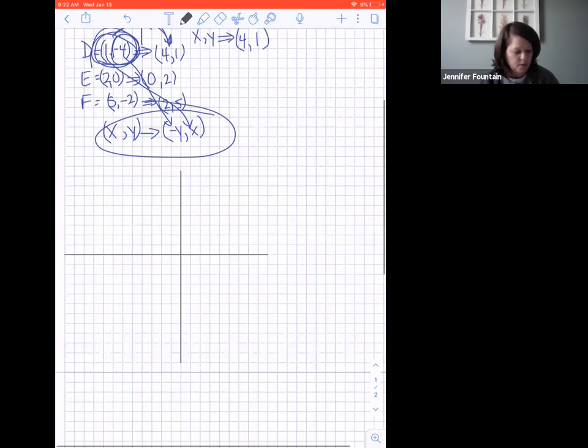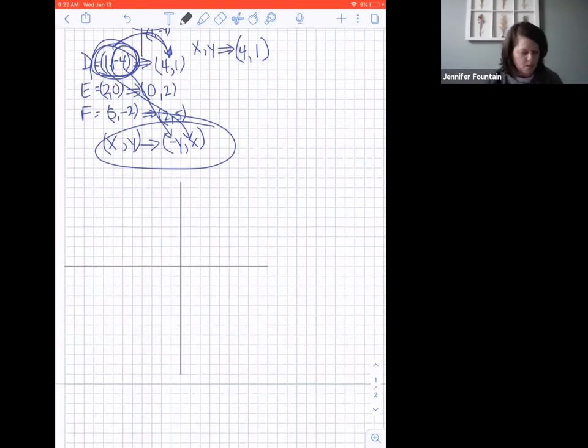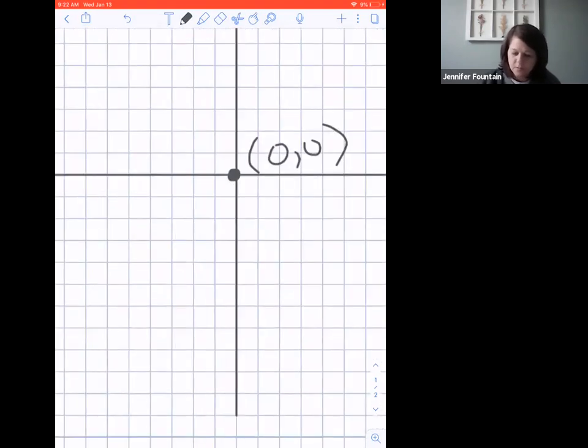On this one, we started out with O at our origin, so we've got 0, 0. And then X is -2, -3.